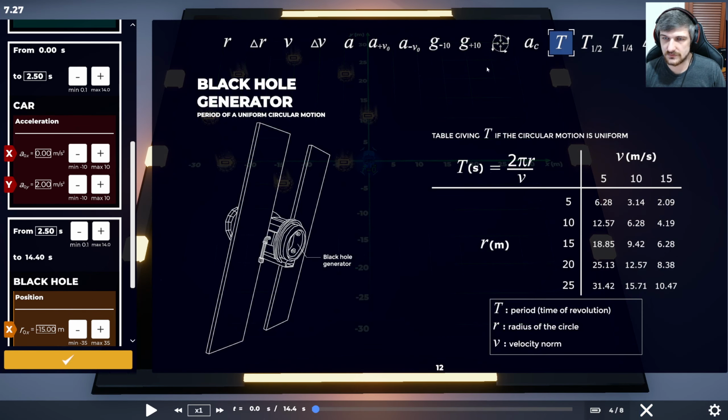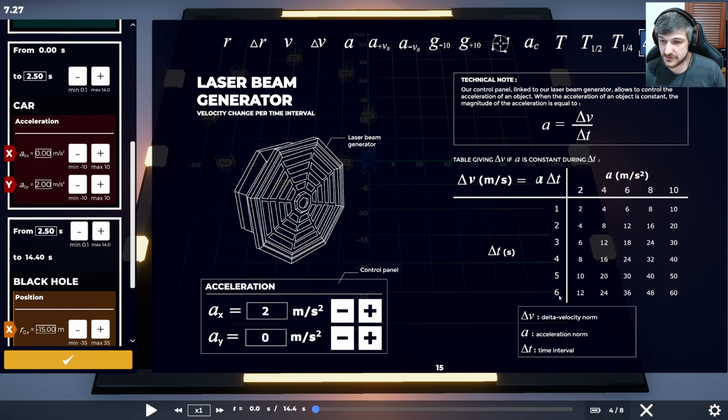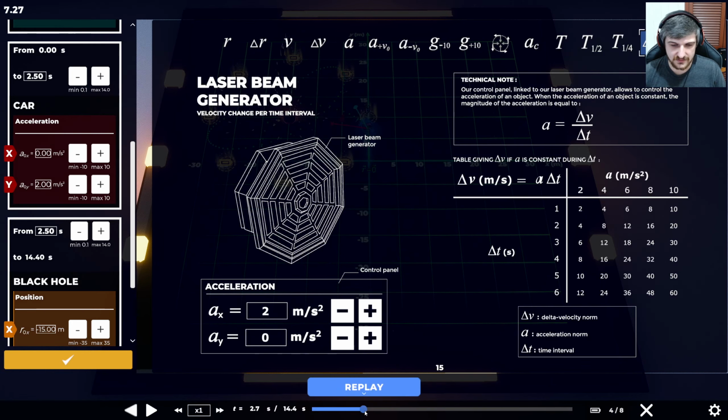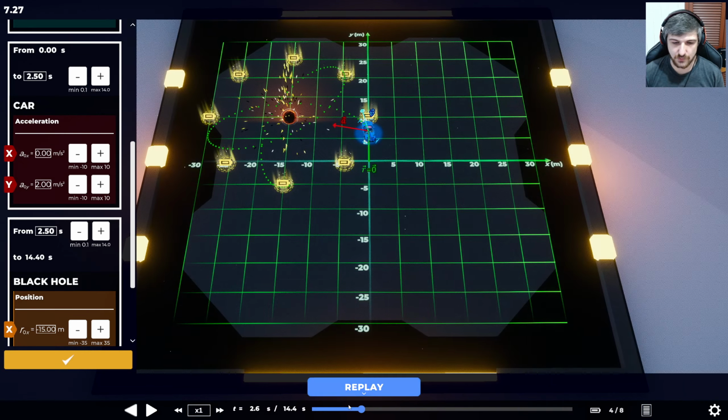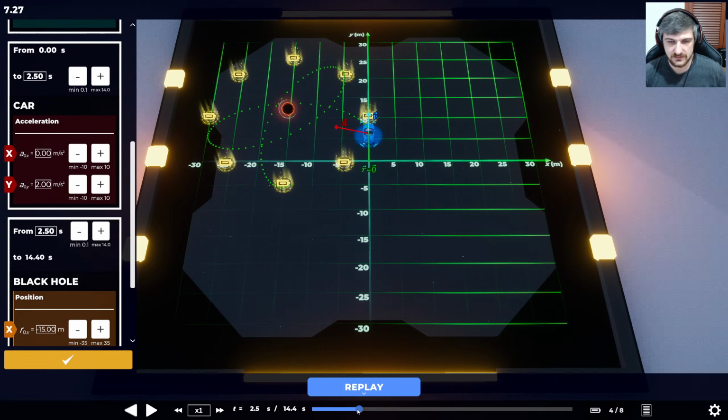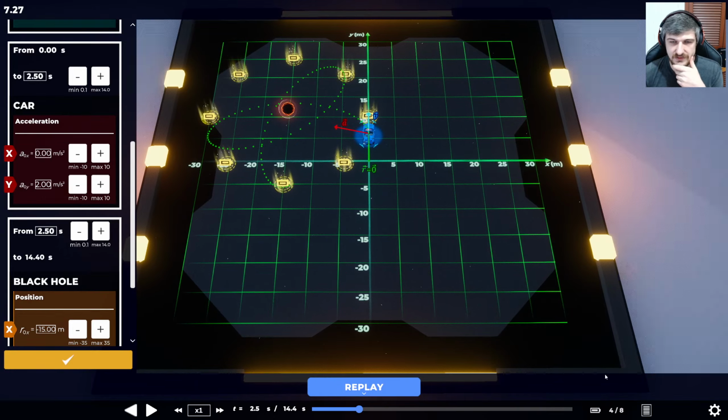What is this? What's the output here? This is the time interval. This is the acceleration norm. The delta velocity norm. In 2.5 seconds we were at 10. We reached 10, but we're still going very slowly. No, we didn't. We reached like 7.5.